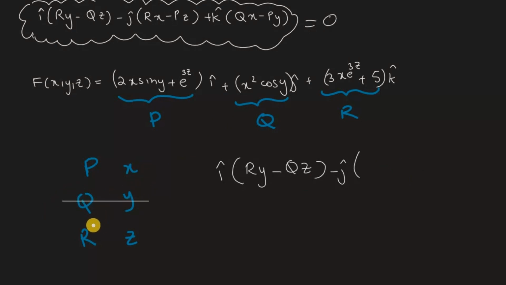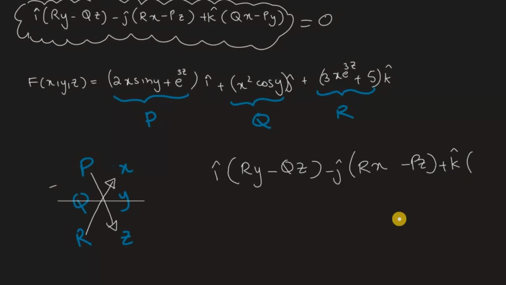Then we do the same: multiply from bottom to top, so r times x, and then negative top to bottom, pz. You see, it's the same equation.